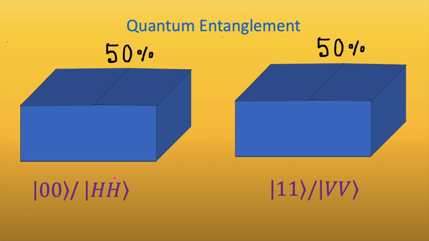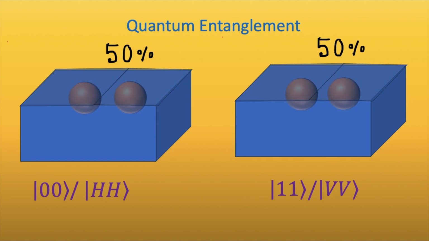If one is in the horizontal vibrational state, the other will be in the horizontal vibrational state. If one is in the vertical vibrational state, then the other will be in the vertical vibrational state. Now here you can see the particles in the box, there is a 50% chance to get the horizontal vibrational mode and a 50% chance to get the vertical vibrational mode, if both particles are in the same box.